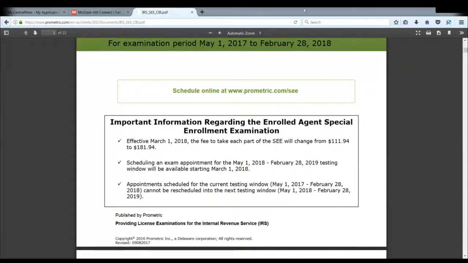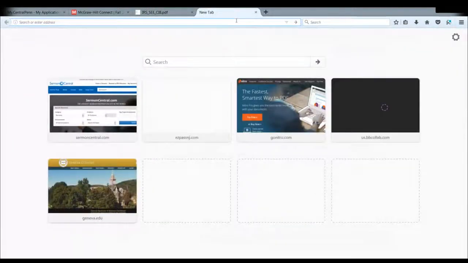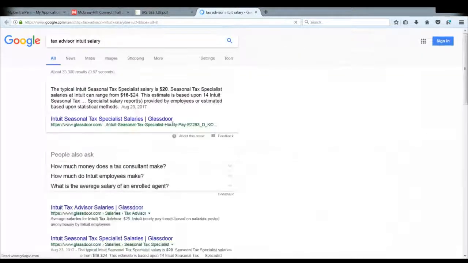And I'll show you little things if I really wanted to. Let's say tax advisor Intuit. Let's see here. Say if you just got it, right? So many people are like, oh man, I'm only making 15 an hour, 16 an hour, stuff like that, right?